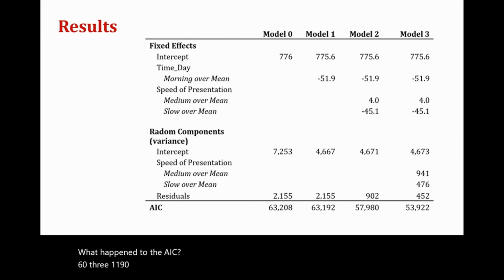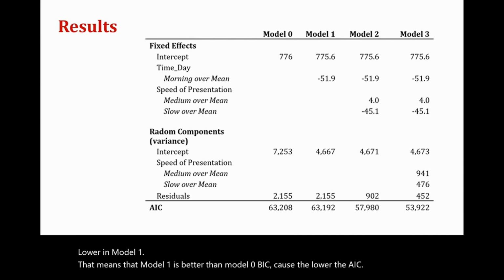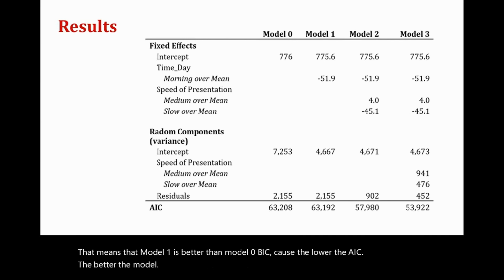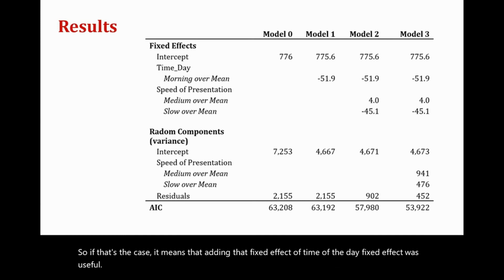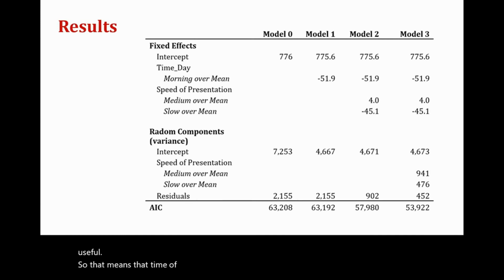So that is 16 points of AIC lower in model 1. That means that model 1 is better than model 0, because the lower the AIC, the better the model. So adding that fixed effect of time of the day was useful. That means that time of the day has an effect over the reaction time.